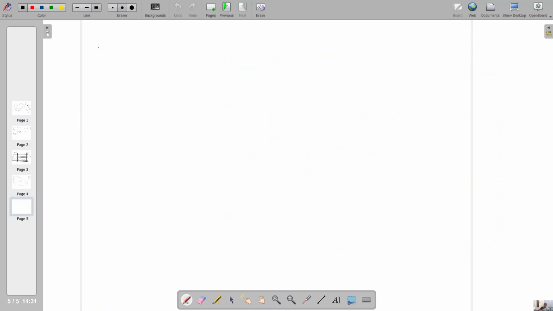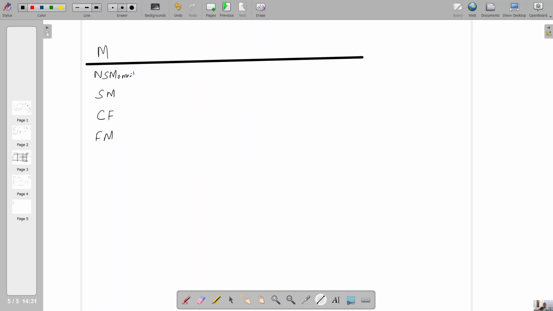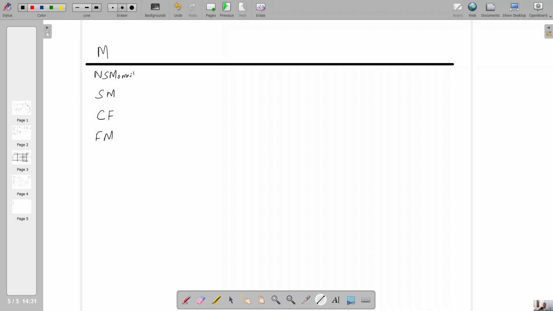So first of all, take member, non-sway moment, and sway moment. You can add correction factor and final moment. So I am giving a very small representation. You have to write elaborately as member, non-sway moment, sway moment, and correction factor, not in abbreviated manner.